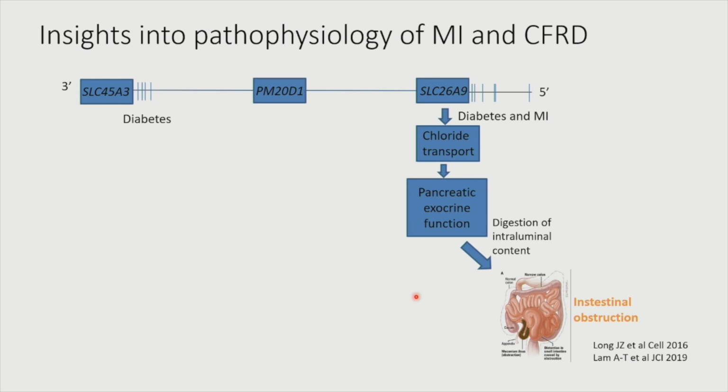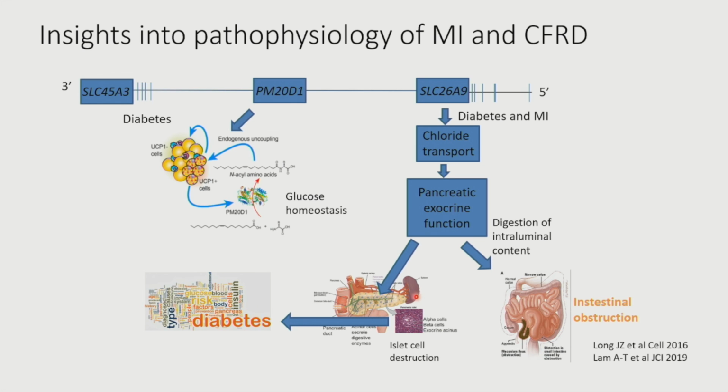And what is PM20D1? Just because of time, I'll flip through this. PM20D1 is involved in glucose homeostasis by the fact that it plays an important role in the formation of N-acyl amino acids, and it's important for the conversion of brown fat into regular peripheral fat and backwards and forwards.